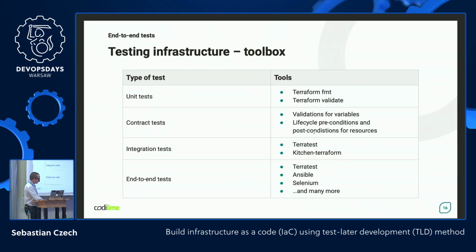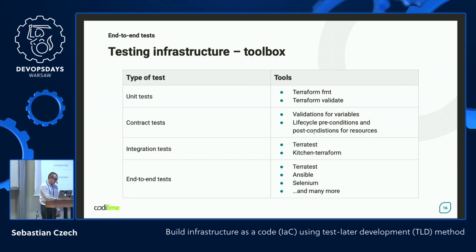So for end-to-end test, besides TerraTest, we can use many different tools. I was mentioning Ansible because sometimes we use Ansible to provision the configuration on the infrastructure. So we can also use it for tests, especially as Ansible has nice callbacks which can return test results in JUnit XML files.